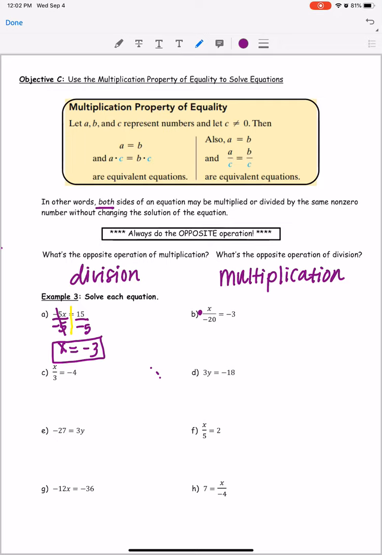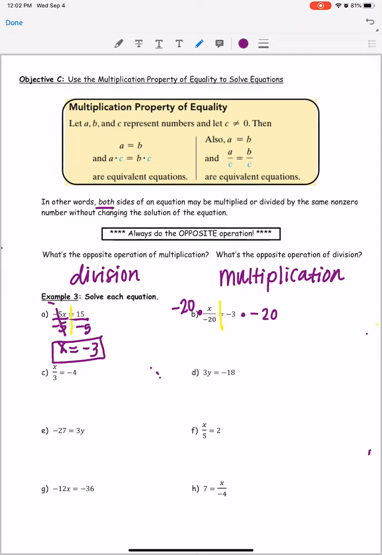So I'm going to multiply negative 20 over here. What I do to one side of my equation, I must do to the other. So if I multiply the left by negative 20, I need to also multiply the right by negative 20.